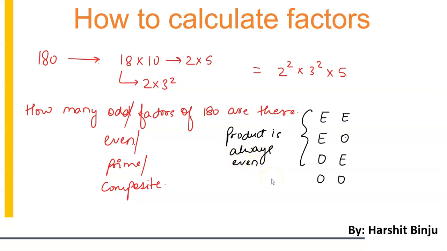For the first three, the product is always even. It's only the last one for which the product is odd. So if I want to calculate how many odd factors of 180 there are, I'm going to use only the odd part of 180, which is 3 square into 5.